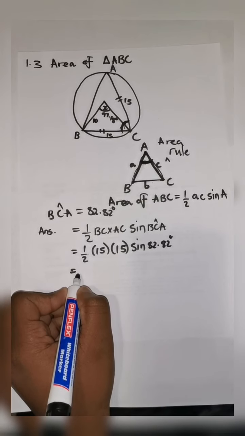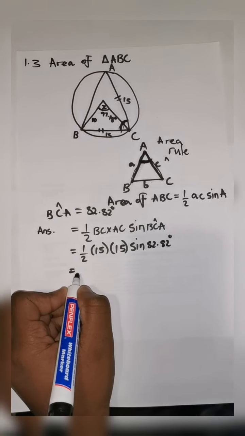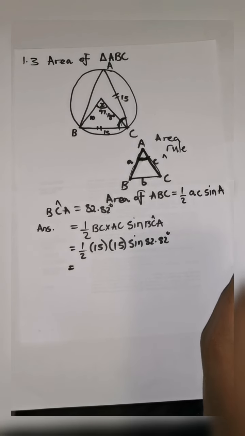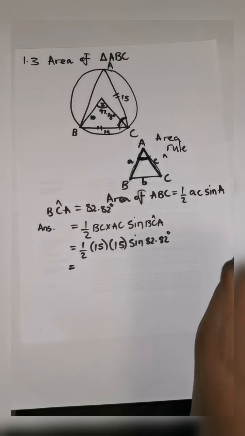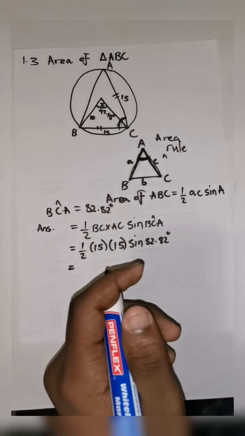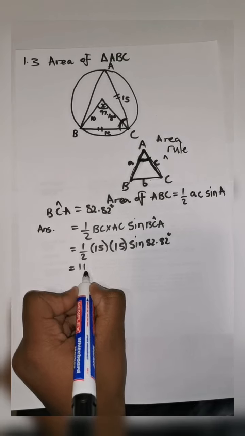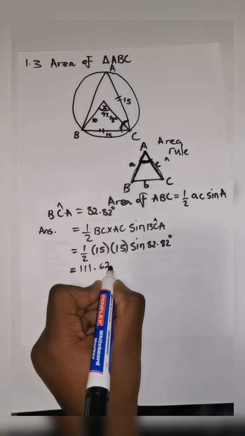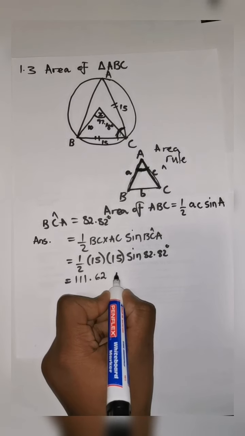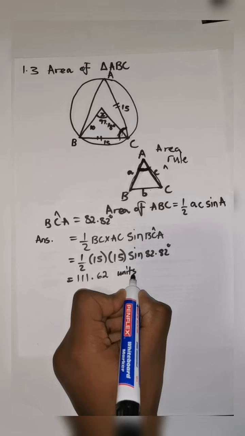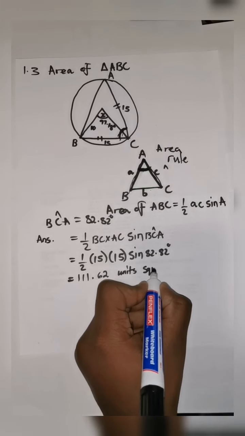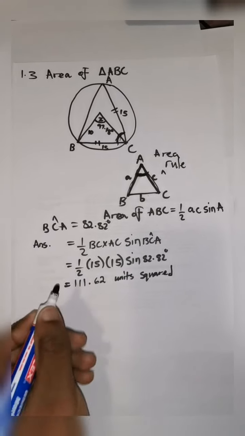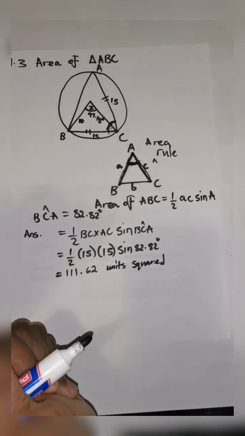If you put this in your calculator, that gives us 111.62 units squared. Usually they say square units. That's all for this question.